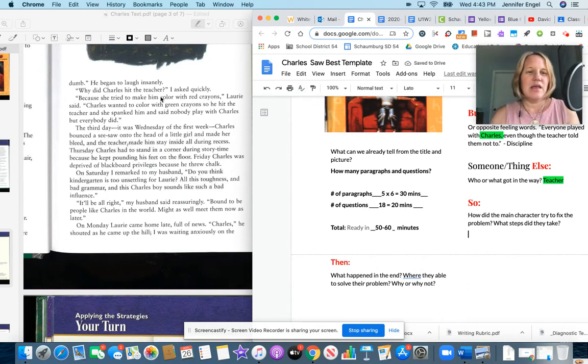Okay, let's see. The third day, it was Wednesday of the first week, Charles bounced a seesaw onto the head of the little girl and made her bleed. And the teacher made him stay inside all day during recess. So in this case, I guess it's not necessarily the main character who's trying to solve the problem.